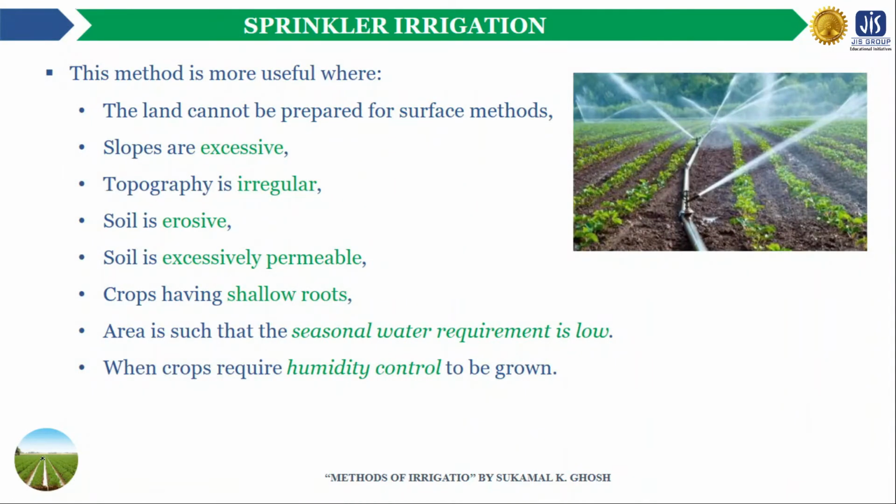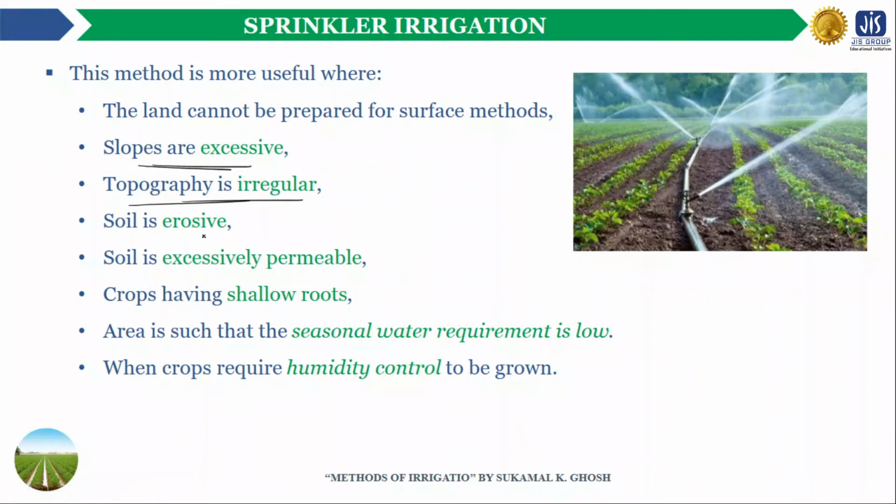Now, there are various conditions which favor the adoption of this method. When the land topography is irregular, we can adopt the sprinkler method of irrigation, because irregular topography is unsuitable for surface irrigation. Also, when the land gradient is steeper, meaning the slopes are excessive, we should adopt this sprinkler irrigation method.